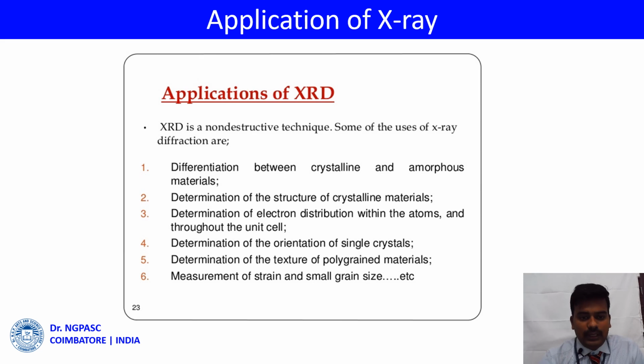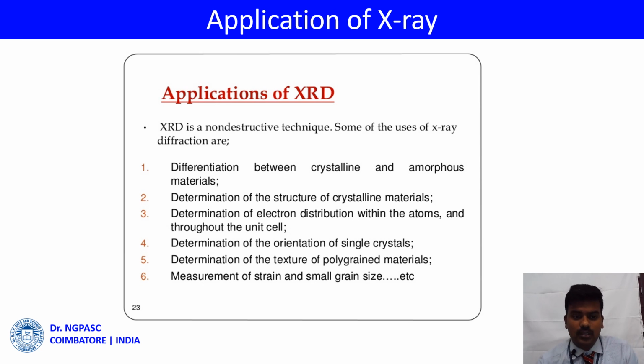It can help determine the structure of crystalline material, the electron distribution within atoms, the orientation of single crystals, and polycrystalline materials, and the measurement of stress and strain of small size grains. There are so many examples, but generally X-rays are mostly used in medicine, and apart from that there are also many other applications.